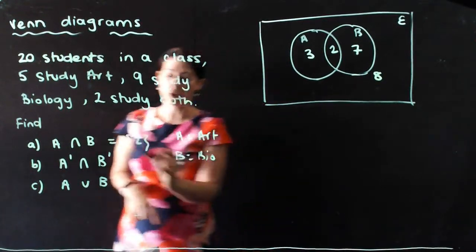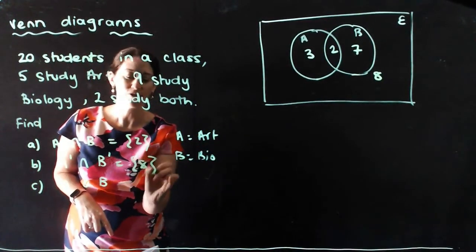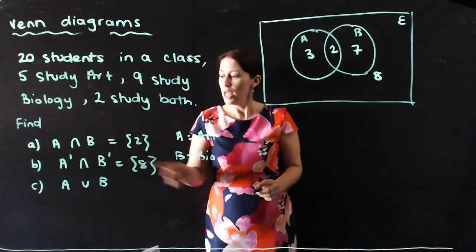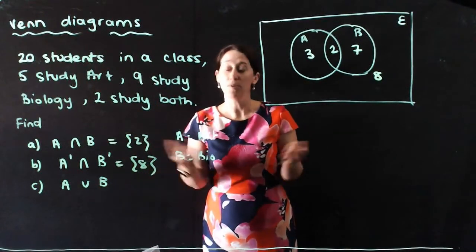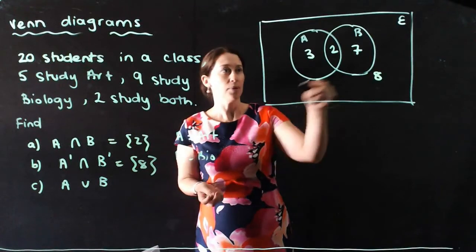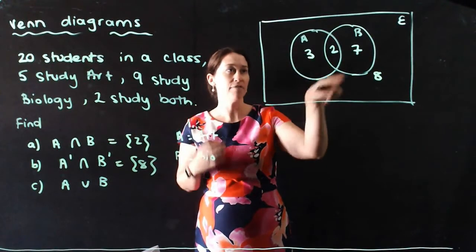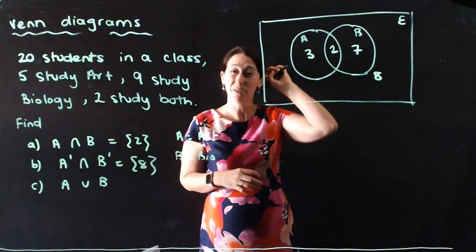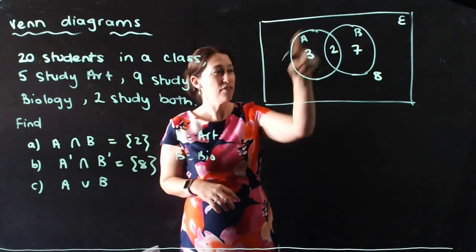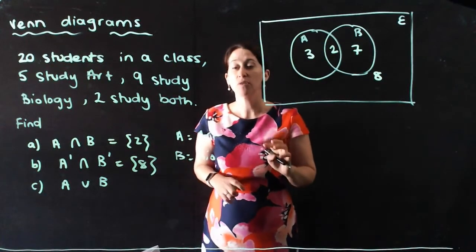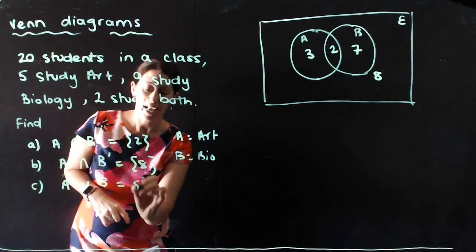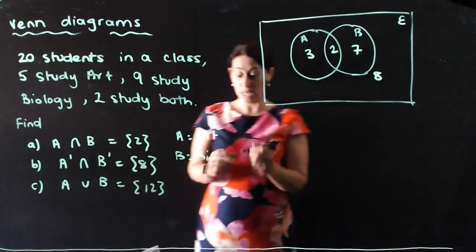So it's 8 students who are not in A and not in B. A union B means they must be in either A or B. So we have a look at how many students we have in A and how many students we have in B altogether. So we've got 5 here, plus the 7 means there are 12 students in either A or B.